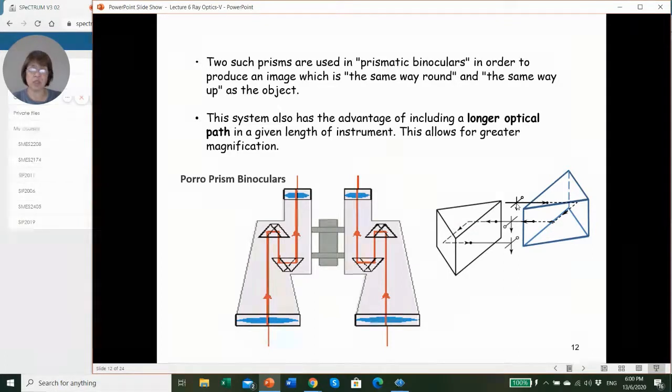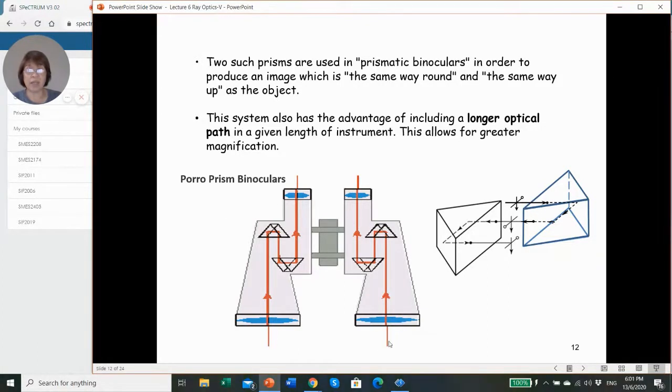This is the object, and after reflecting internally once, twice in the first prism, and then a third time and a fourth time in the second prism, the image orientation will be the same as that of the object, which is shown here, whereby there's no left-right inversion and no up-down inversion as well. This is suitable to be used in the binoculars.